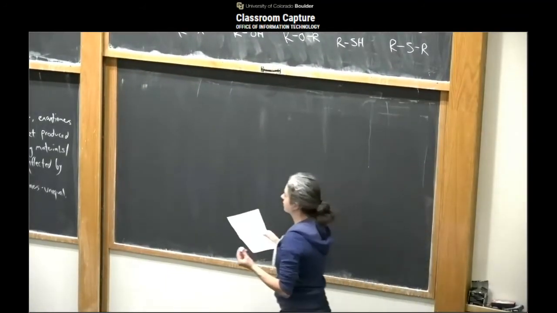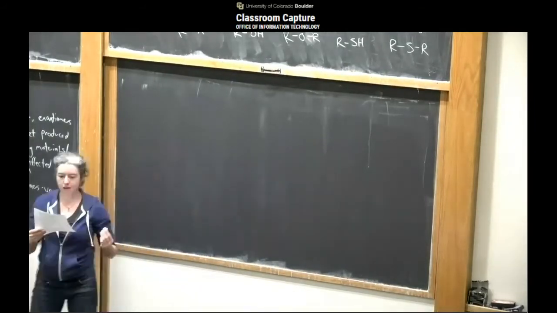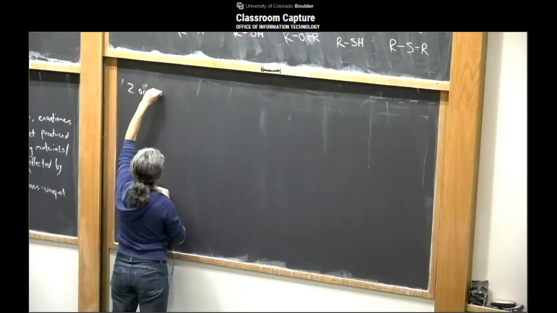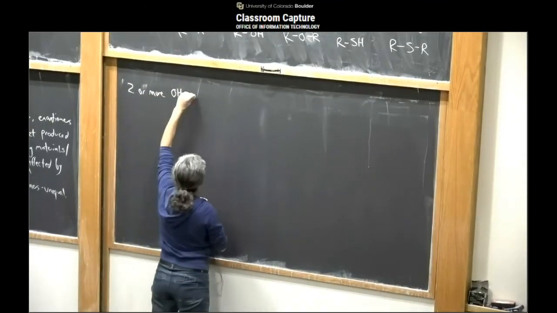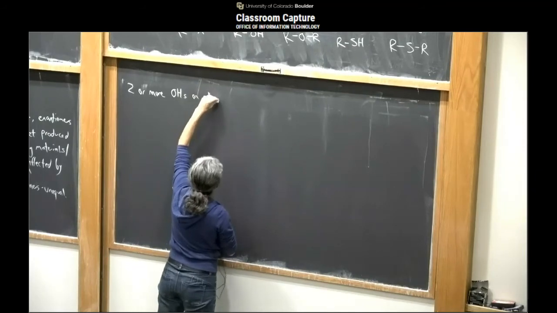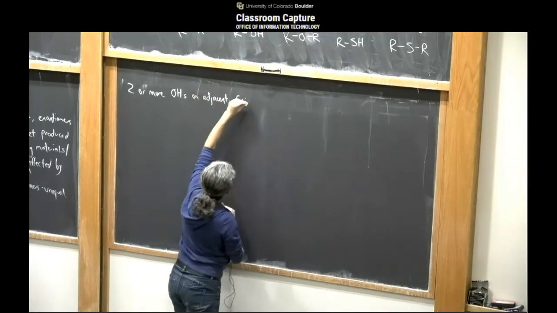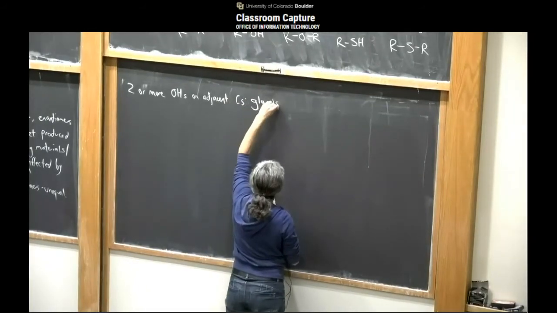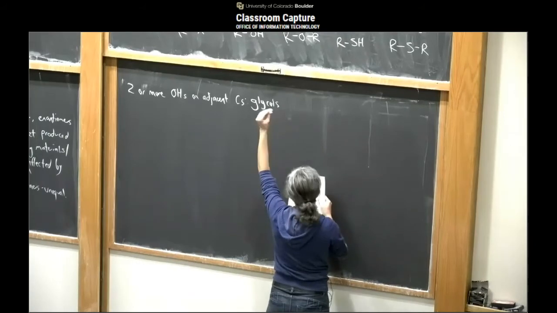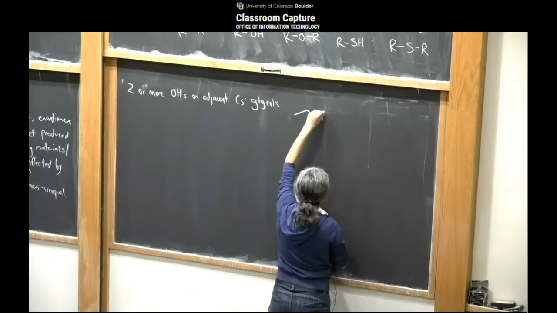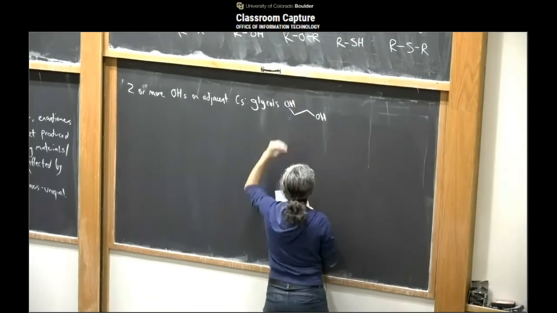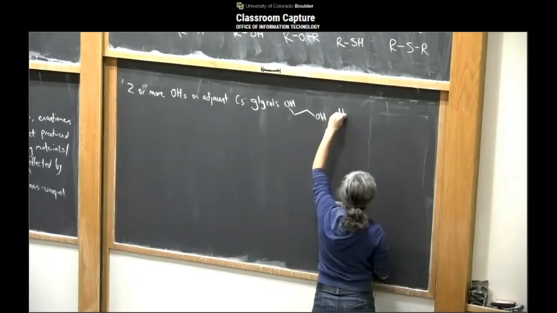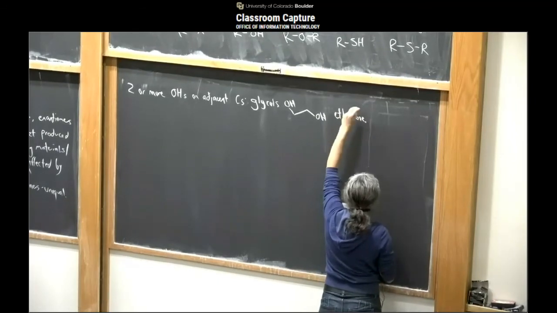One last functional group that's sort of a combo functional group is two or more OHs on adjacent carbons, called glycols. An example of that would be this one, which is commonly named ethylene glycol, which gets used for antifreeze quite a bit.